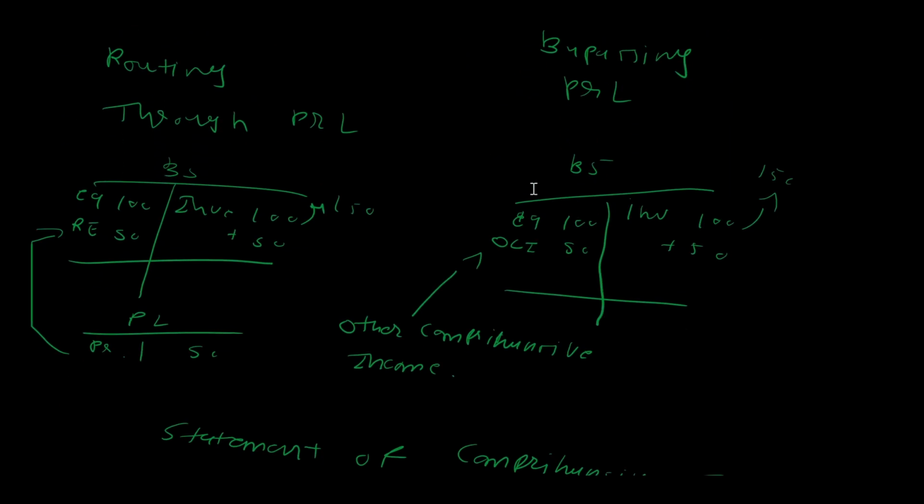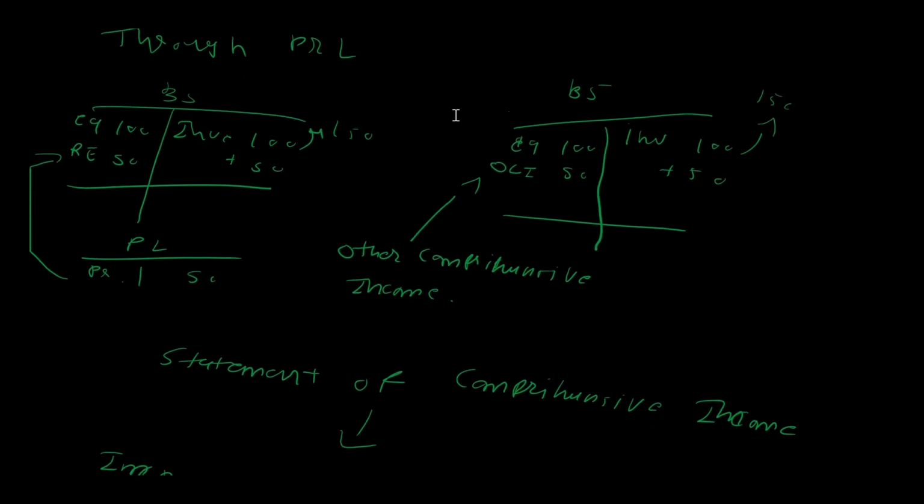And there is a concept of routing through P&L and bypassing the P&L. Routing through P&L means, suppose I invested in shares of a company and it increased by 150. I have equity of 100 and investment of 100. In the next year, it increased to 150.